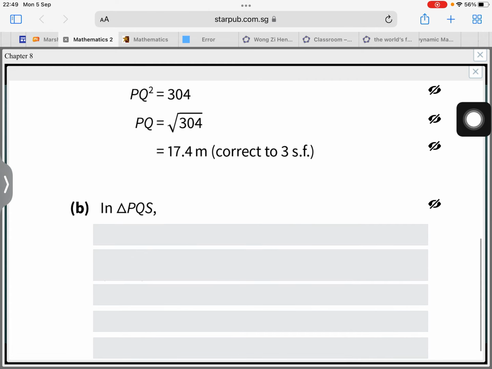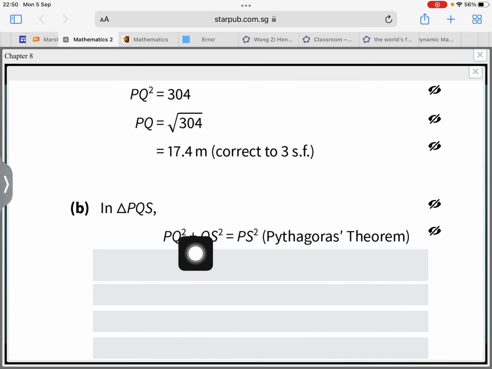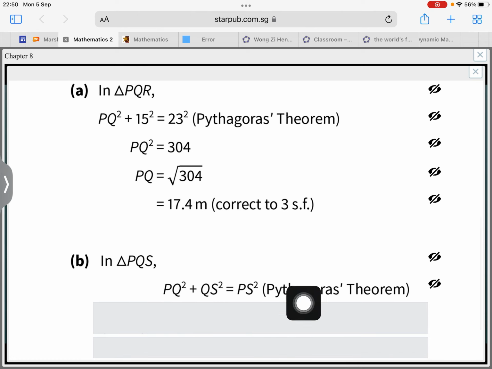I think it's better practice that every time, you write this before you write the substitution, because if you straight away do a substitution and sub wrongly, your whole answer will be wrong. This is also clearer on how you apply the Pythagoras theorem.